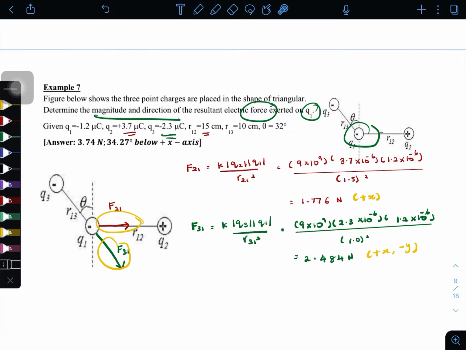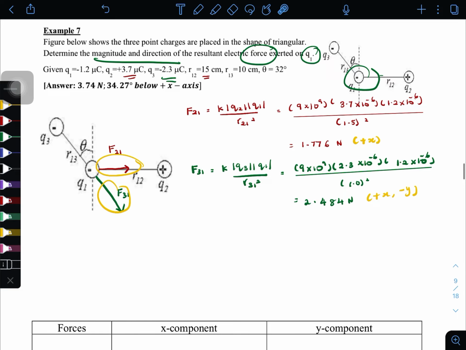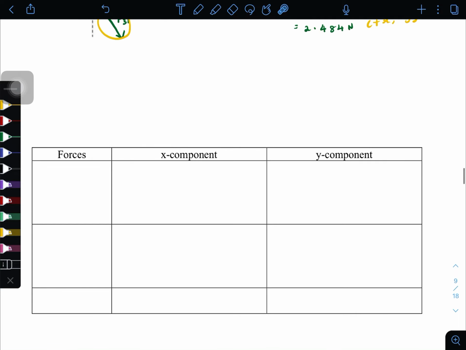So kalau nak resolve, kena ada table X dan Y komponen. Okay, so ini positive X, ini positive X dan negative Y, so tak boleh terus tambah. So we need to resolve into a table. F21 and F31.